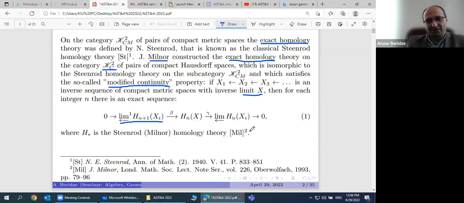And this sequence is now called the Milnor short exact sequence.